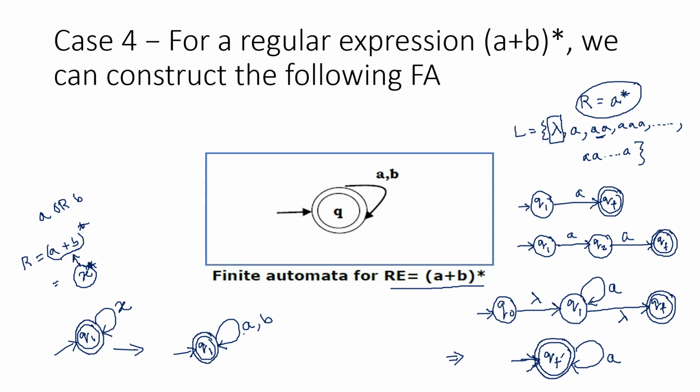Now since A or B anything is possible from Q1 to Q1, any combination of A, B is possible, and yes, (A plus B) whole star represents any combination of A and B. So the idea is that for (A plus B) whole star, or anything, if you have a star, whatever is present below the star you have to put over here.